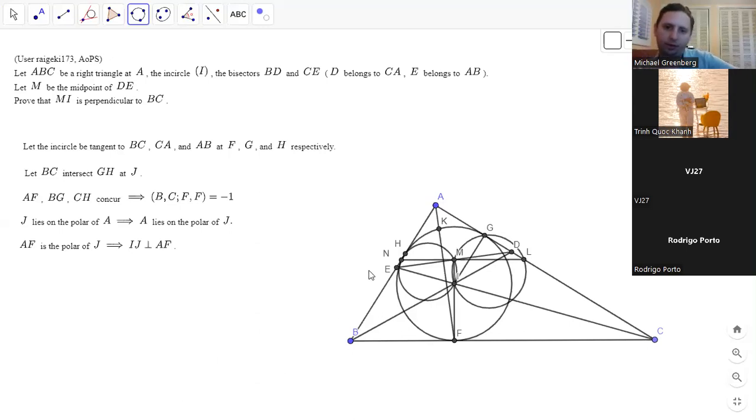I wonder if we can show that like EA squared minus EF squared is DA squared minus DF squared. How would we calculate those?